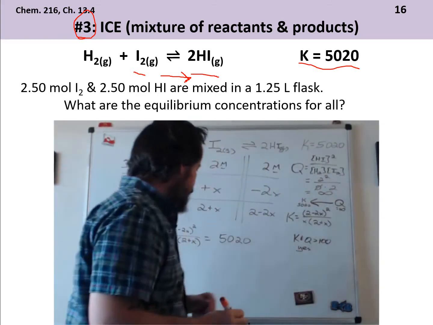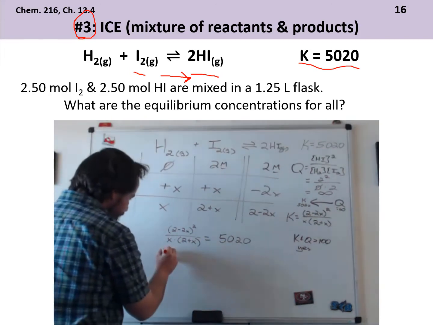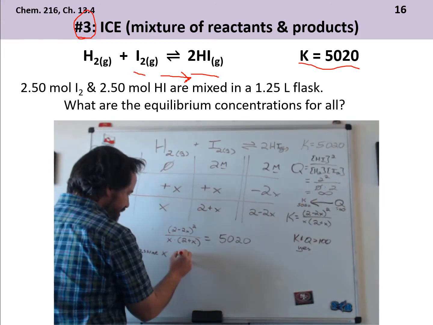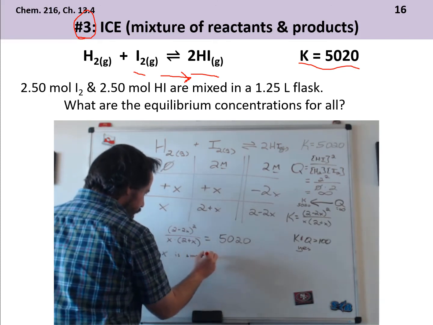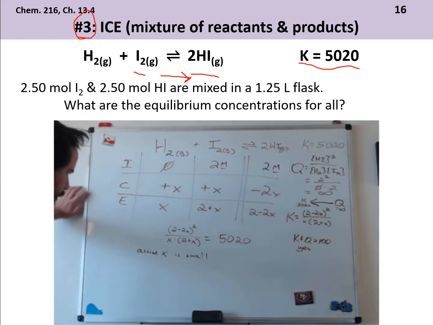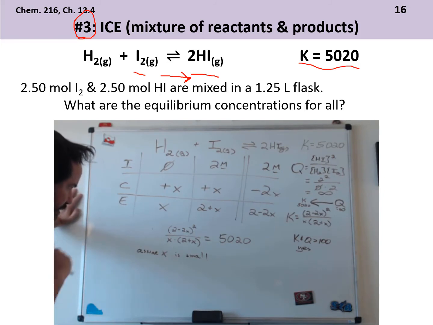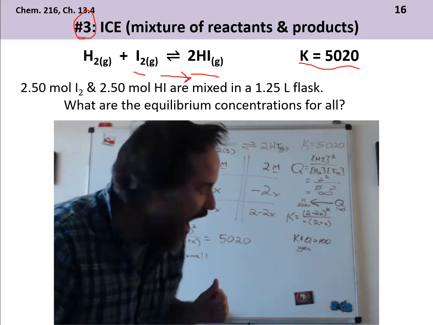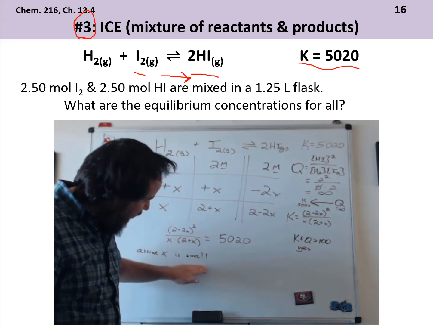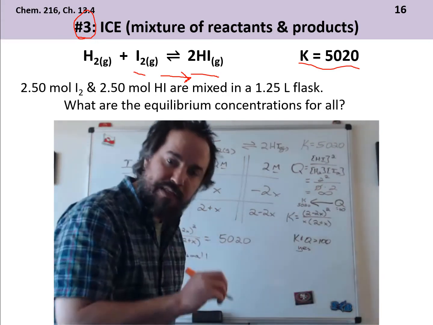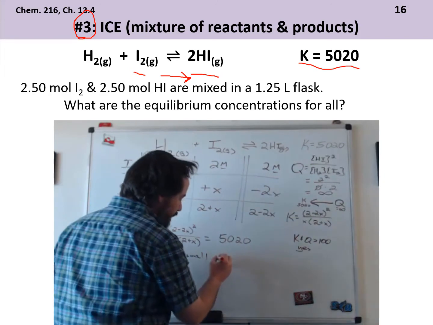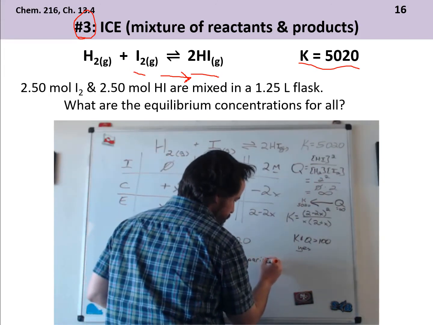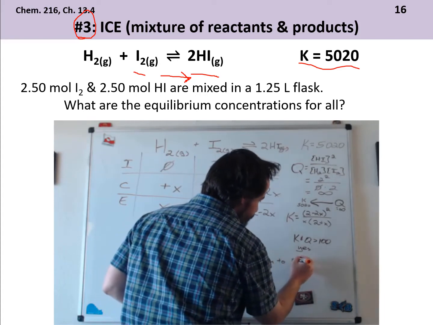Okay, so I'm going to assume x is small. All right, now I have x's in 3 different places. What do I assume is small? Okay, here's the thing. When I say x is small, what I should actually say is assume x is small in comparison to numbers.